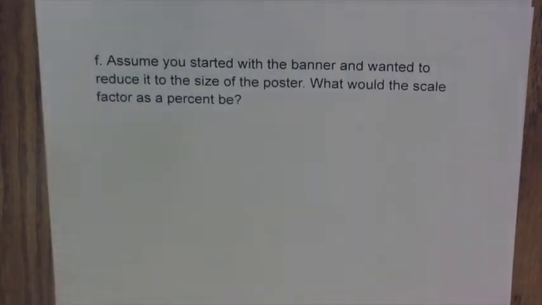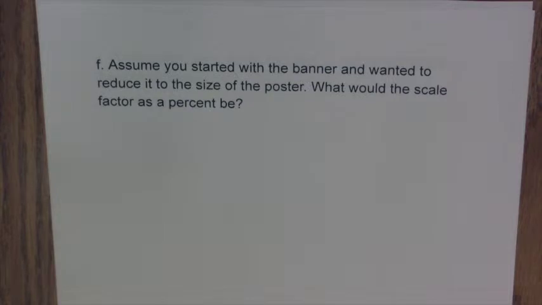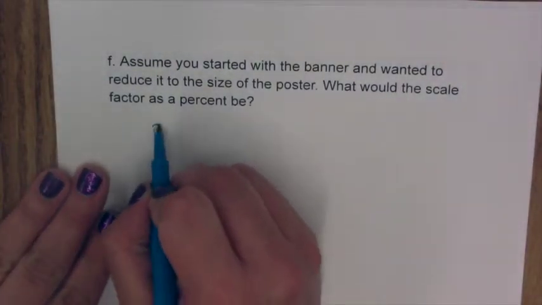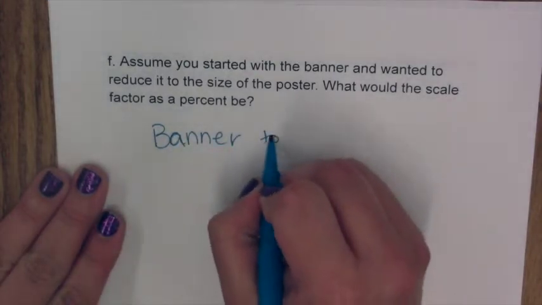So this equation relates these two areas together. All right, next question. Assume you started with the banner and wanted to reduce it to the size of the poster. What would the scale factor be to make that transition? All right, so we are going from the banner to the poster.